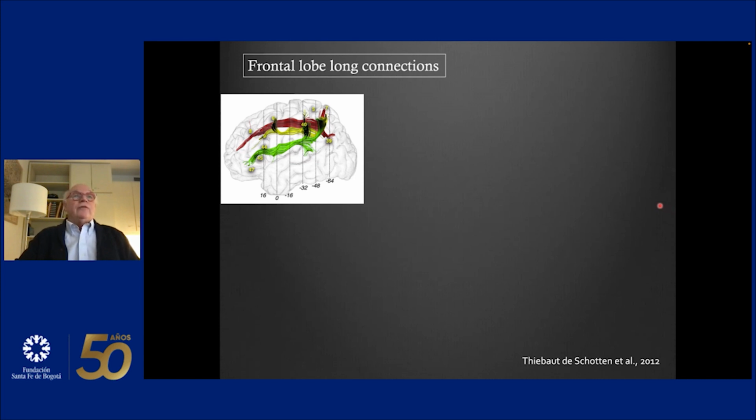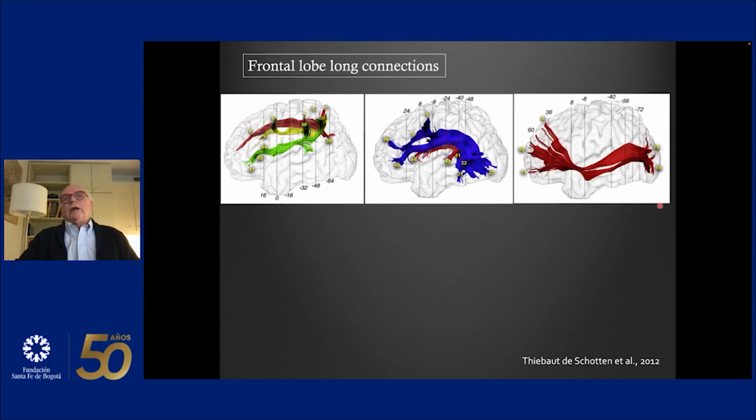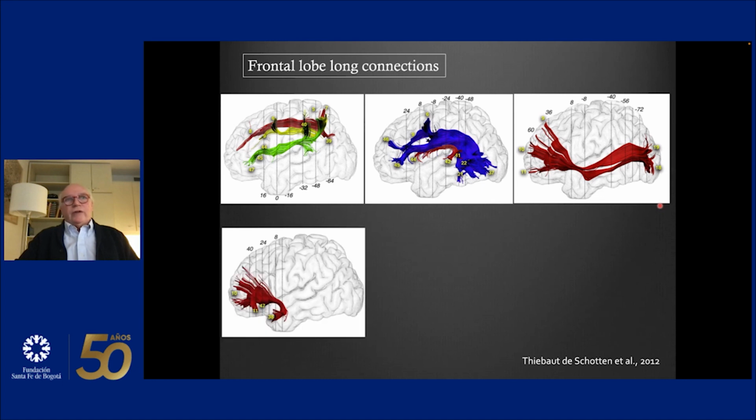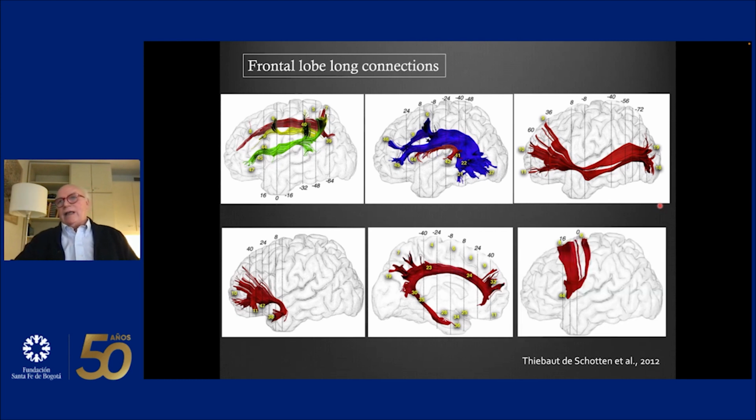So here you have, for example, a notion of superior longitudinal fasciculus. This is the arcuate fasciculus. This is the frontal occipital fasciculus. This is the uncinate fasciculus, the cingulum, and the frontal ascendant fasciculus.